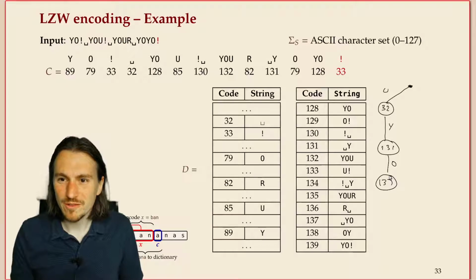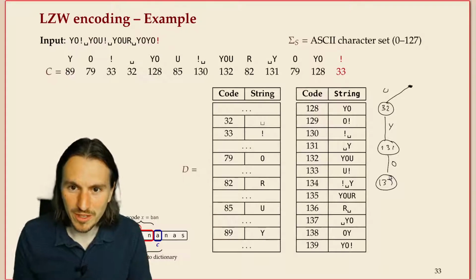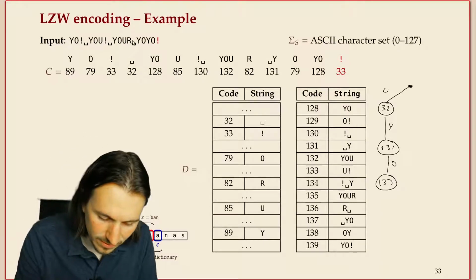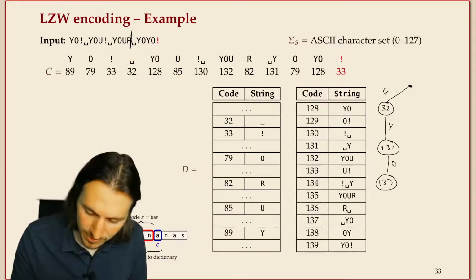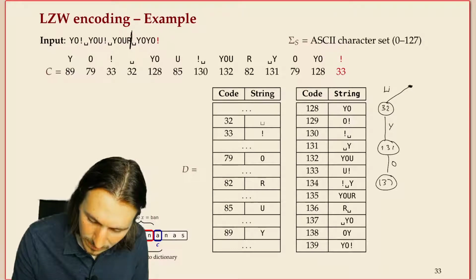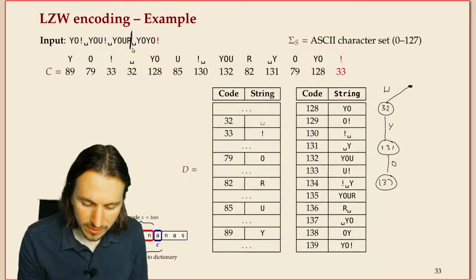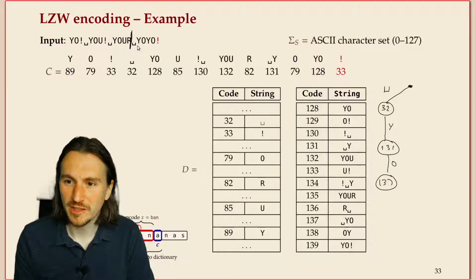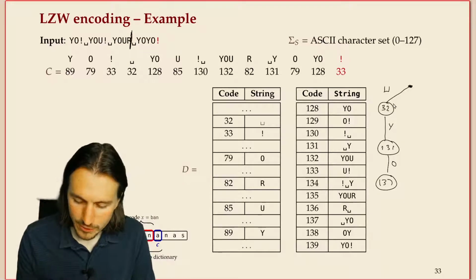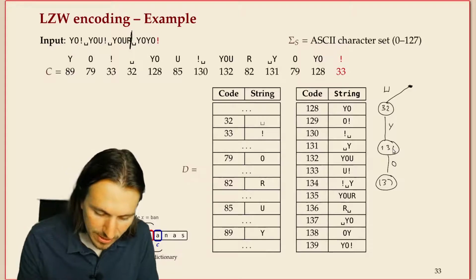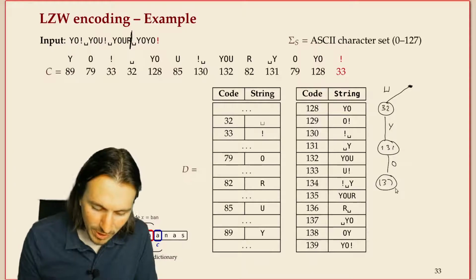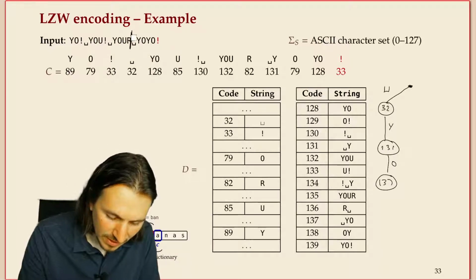So if we read in our text, suppose we're again at this position, we would now start traversing from the root downwards, reading characters as long as we can. So we can read the space, we can read the Y, and we can read the O, so we would stop at this position.